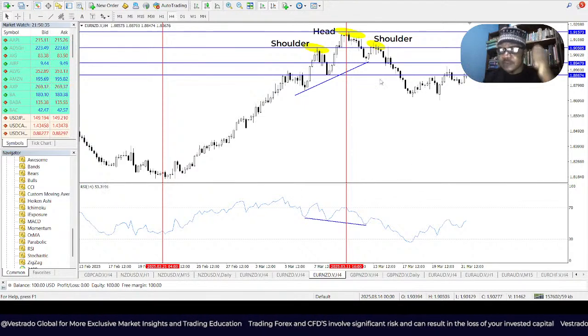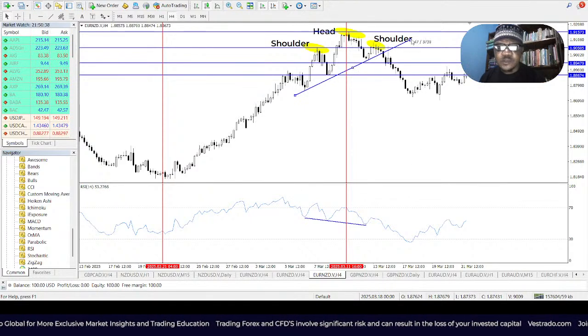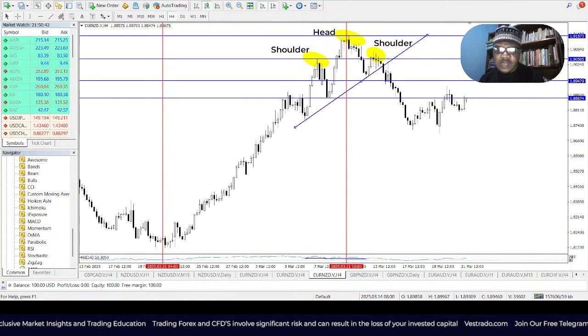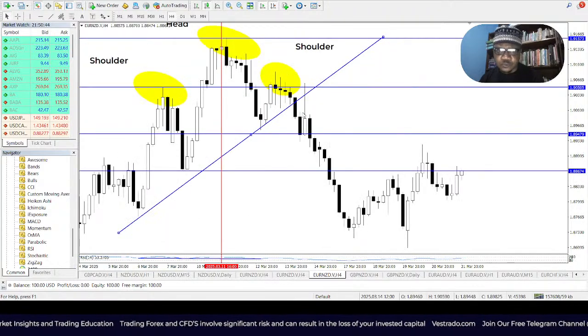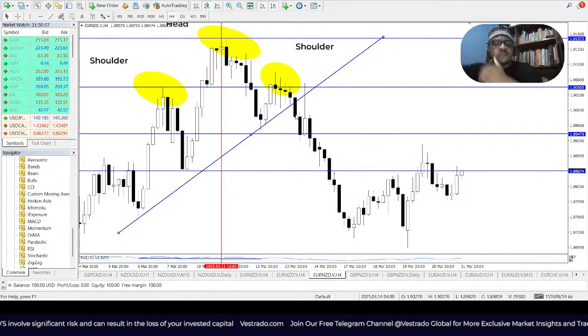Trend line breakout. Let's extend our line here for trend line breakout. Right there. How did it break? It broke with the Marubozu. Right here. Nice, perfect, bearish candle. Marubozu candle there. If you don't know what the Marubozu is, Google it. That's a way of telling us there's large volume in the market in favor of the sellers.